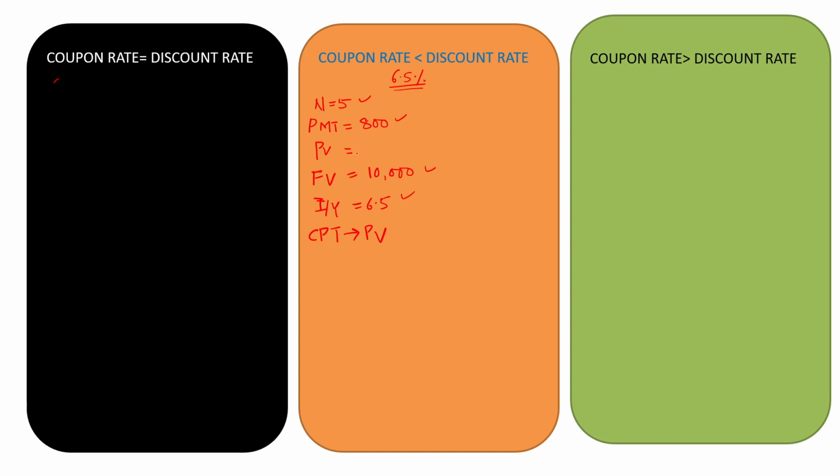Before that, of course, I would also advise that before you enter any time value of money calculation in your calculator, always press second, then clear work. If you're using the Texas TI BA2 and BA2 Plus Professional, this should be relatively easy to find. Press second plus clear work, and once you've done this, again press second and press FV.